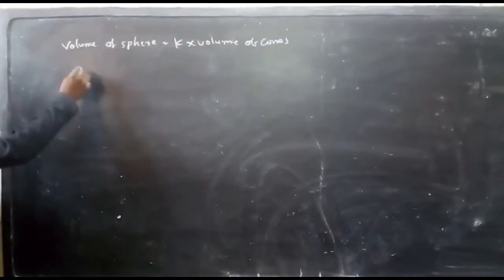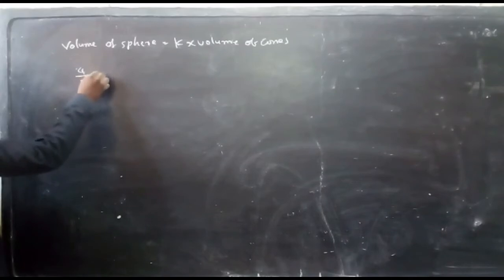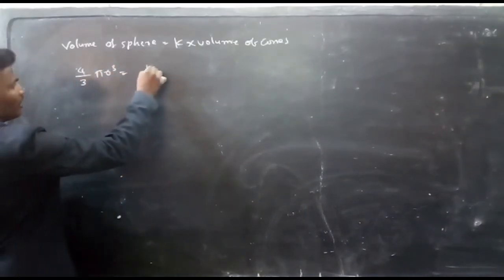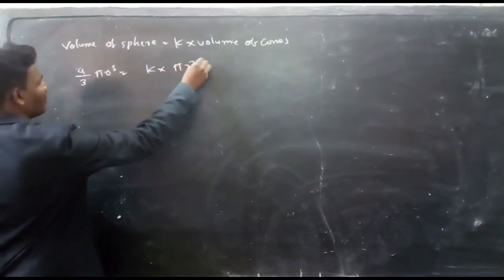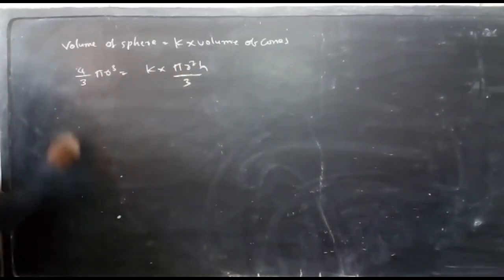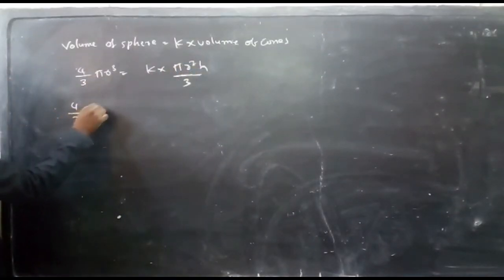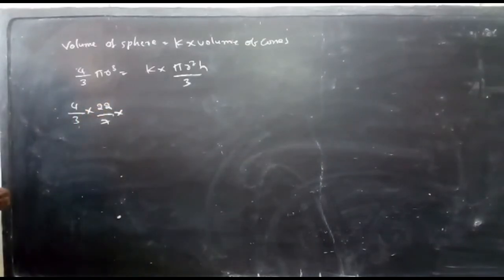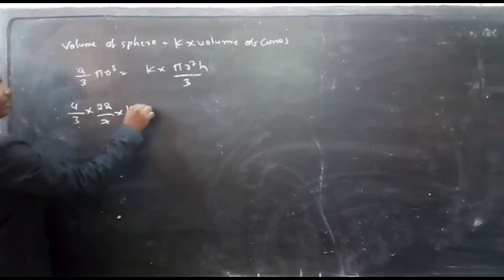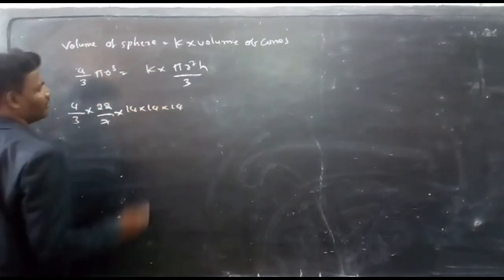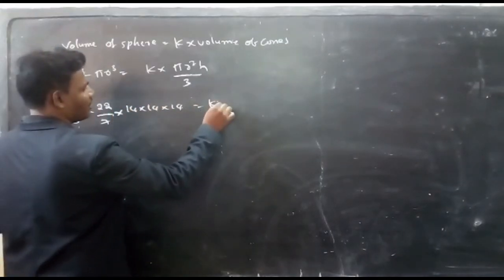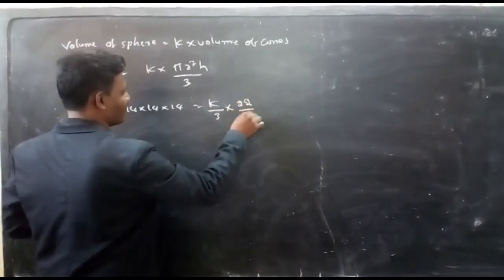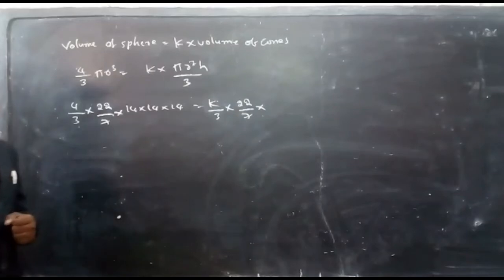What is the volume of the sphere? 4 by 3 pi r cube is equal to the volume of the cone, K into pi r square h by 3. 4 by 3 into pi value is 22 by 7, and radius of the sphere is 14 into 14 into 14, is equal to K into 1 by 3 into pi value 22 by 7 into radius of the cone.